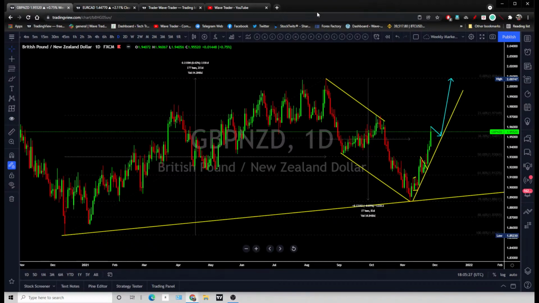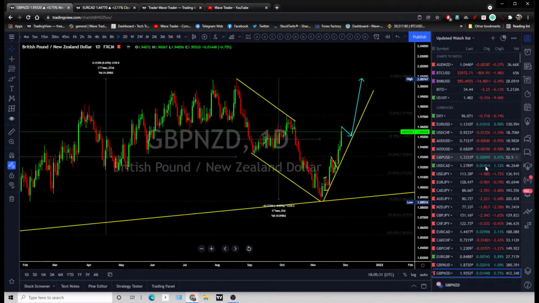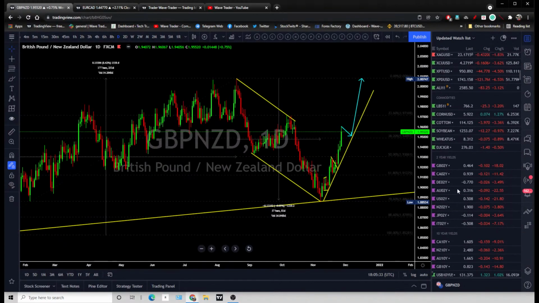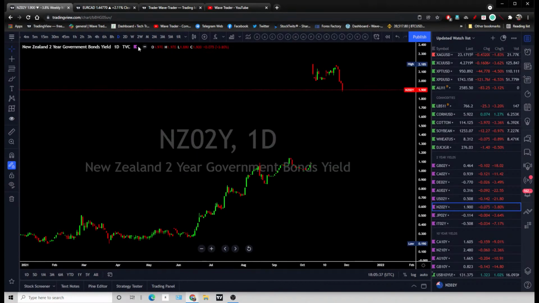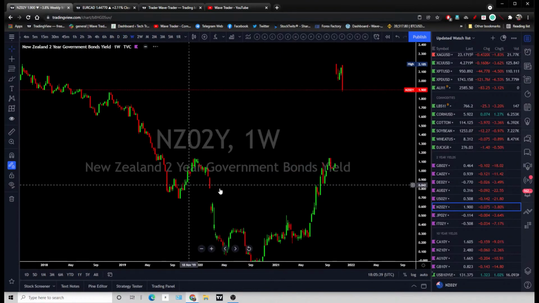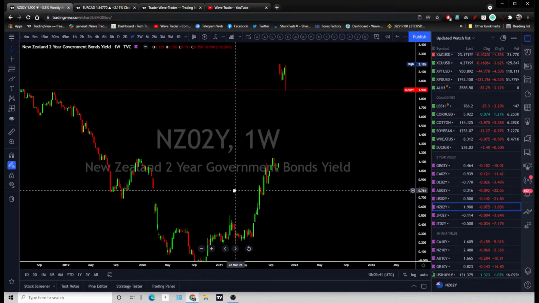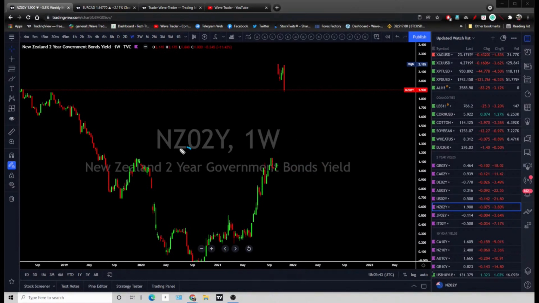The reason is very simple: the currency had priced it in heavily. The 2-year government bond rates in New Zealand went higher very quickly and sharply.